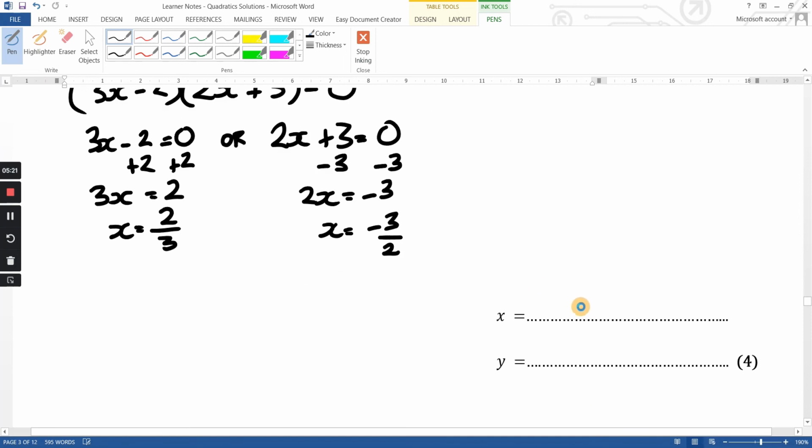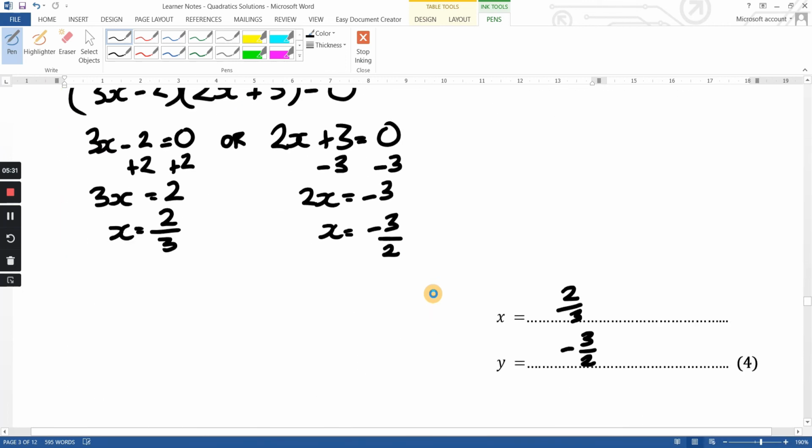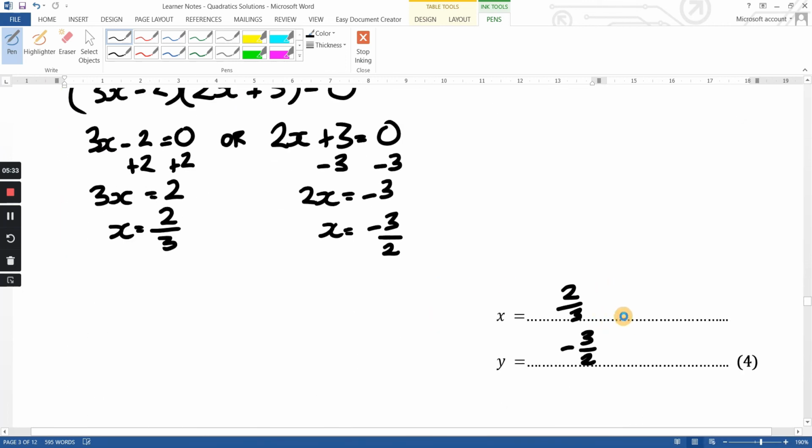Let's just write these here and here. And by the way, you don't need to change these to decimals or anything like that. Just leave them as fractions. You're not going to get any extra marks if you start changing them to decimals. So that's that done.